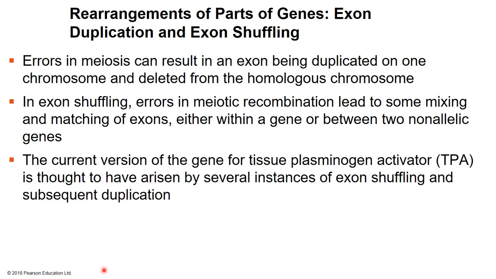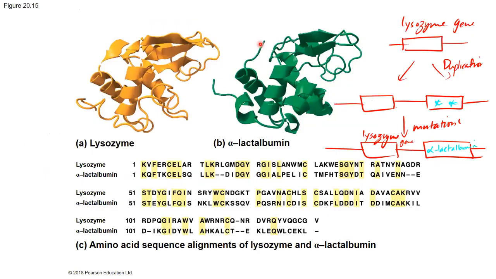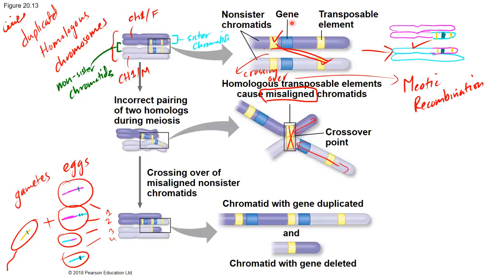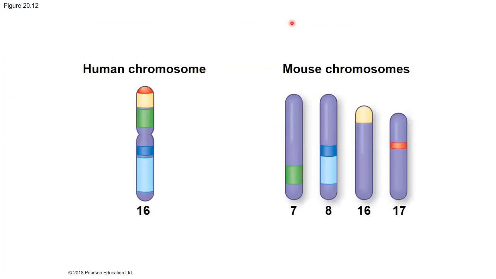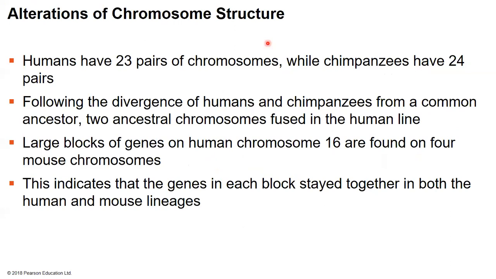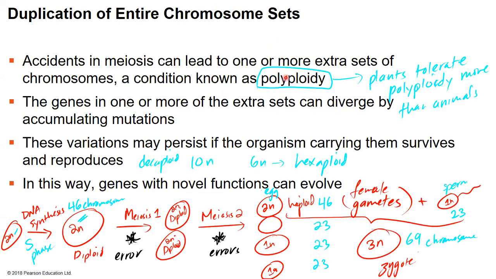So another mechanism that might lead to a change in the genome and gene structures are two mechanisms called exon duplication and exon shuffling. So here in this example, we discussed basically polyploidy, which is basically duplication of a whole set of chromosomes.